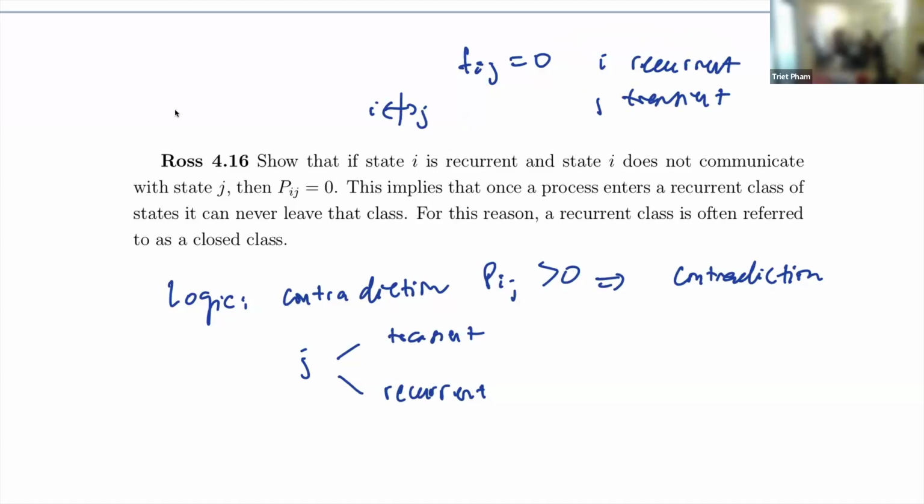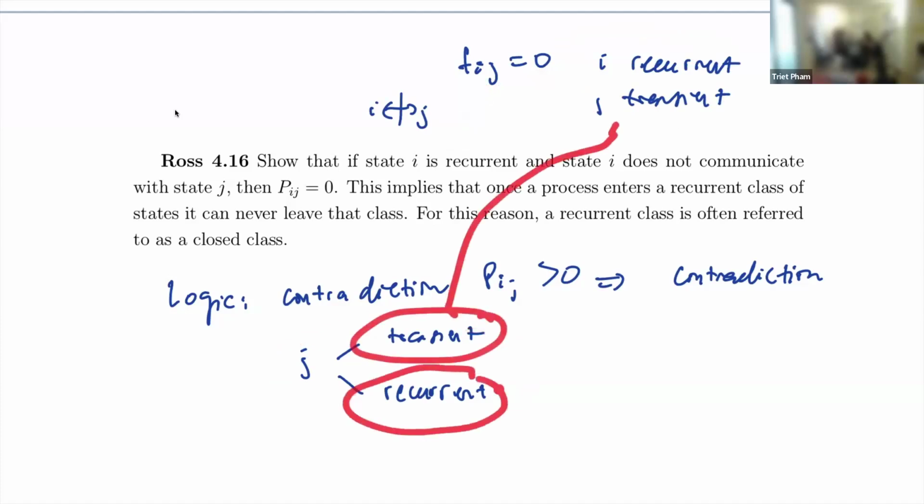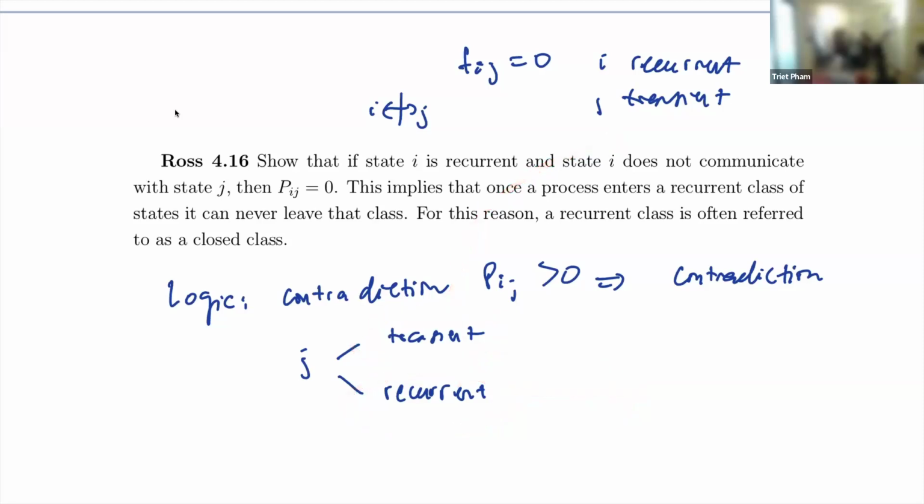The logical problem does not say, so there are two possibilities: J transient, or J recurrent but belonging to a different recurrent class. You could try to separate the cases, but probably it's not necessary.